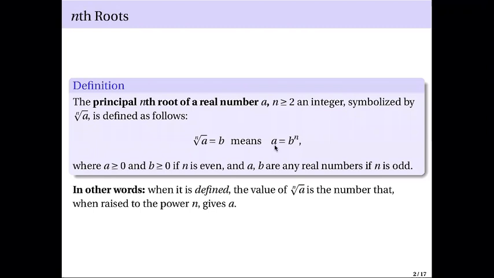So we have the nth root of a equals b if and only if a equals b to the n. And like what is written in the definition, a and b are both greater than or equal to 0 if n is even, and a and b can be any real numbers if n is odd.